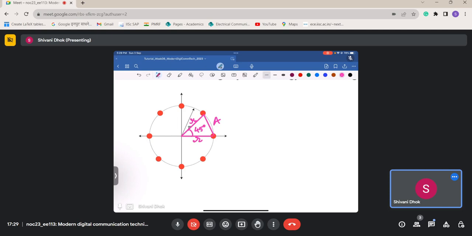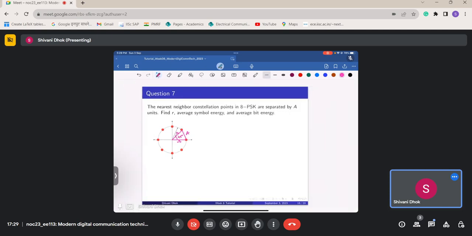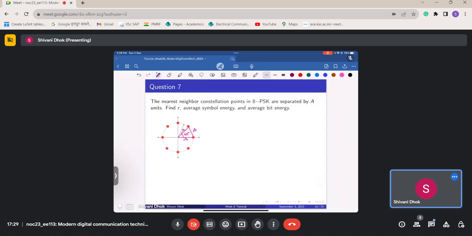Now we can apply the cosine rule for triangle DEF, with the angle as 45 degrees, which gives an equation for this A square.